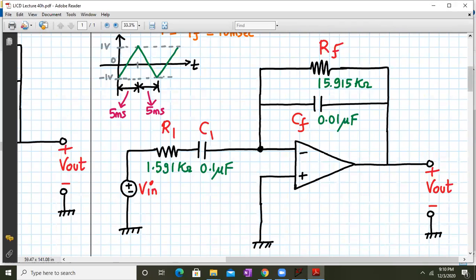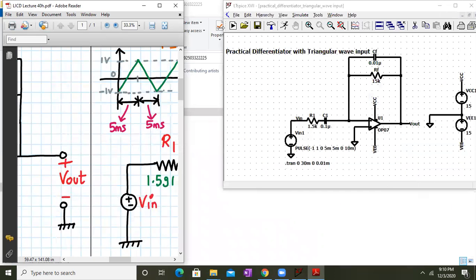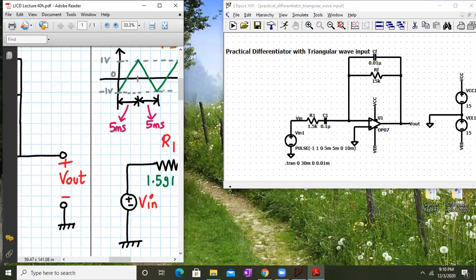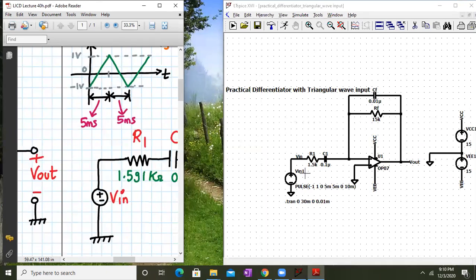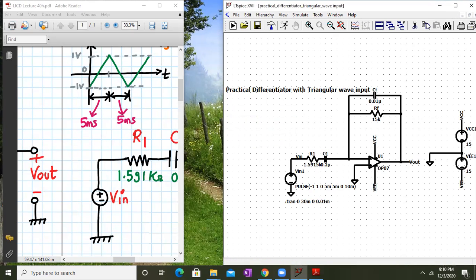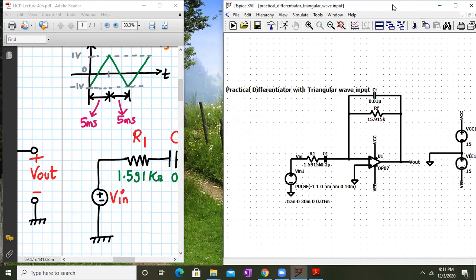So the values which you are about to put in LT Spice are as follows. So this will be 1.5915. Actually, we put it exactly as that. Those were given over here. This is also 15.915 kilo ohms. Okay, so all the values are done.